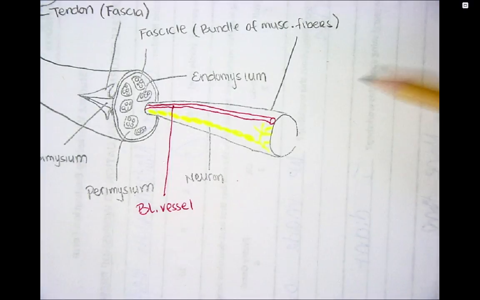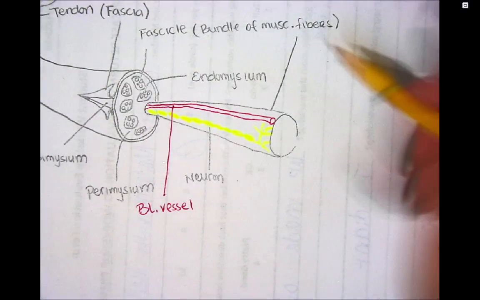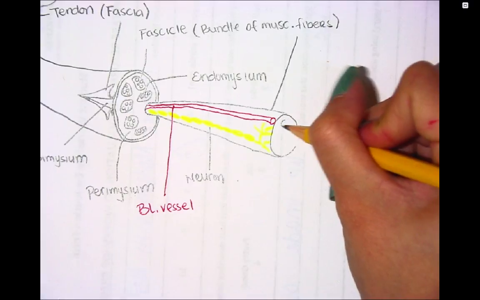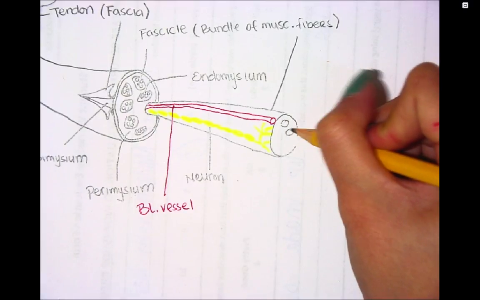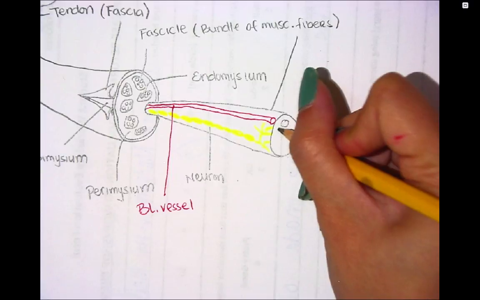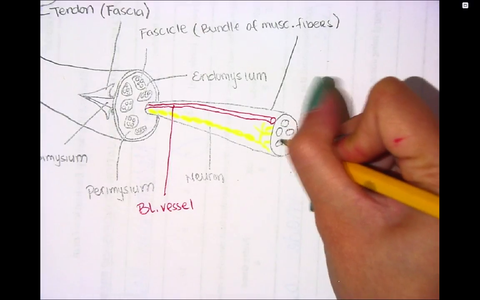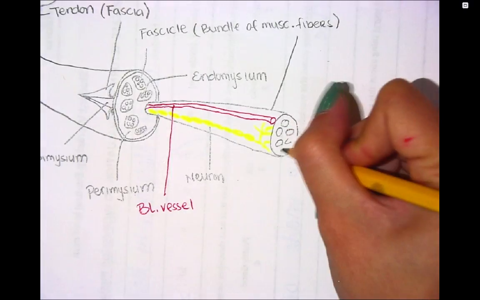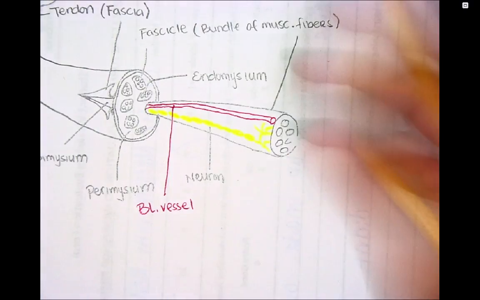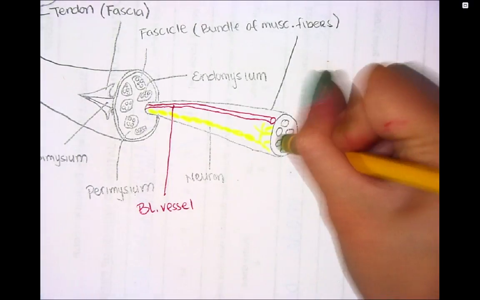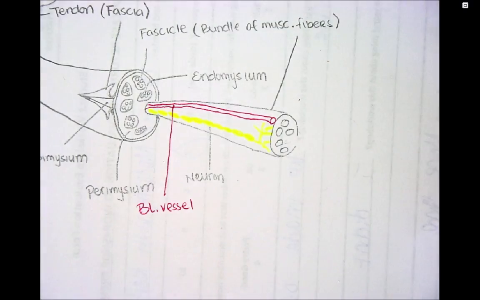So inside of this fascicle right here, we're actually going to draw what's inside of a fascicle. Inside of a fascicle, you're actually going to have muscle fibers. So these are going to be your muscle fibers.